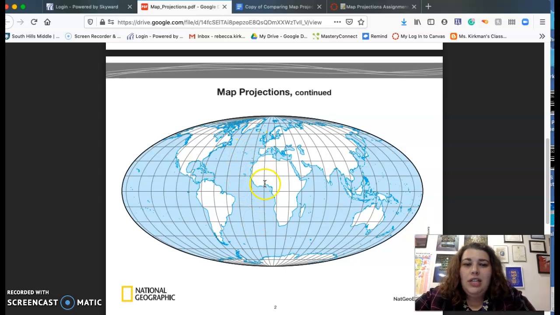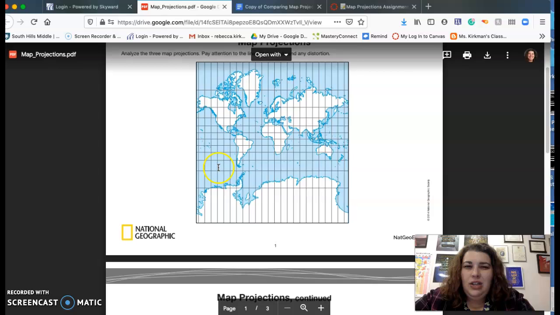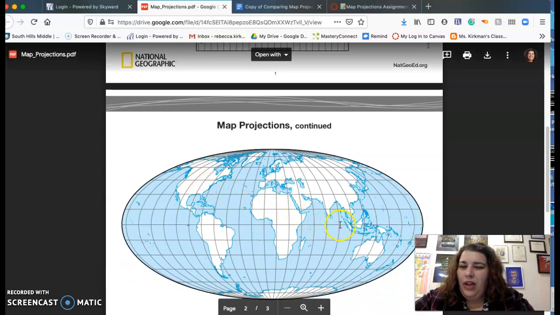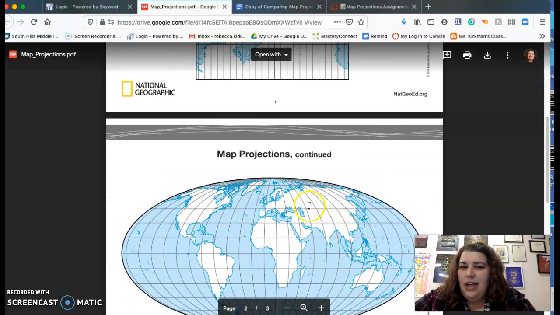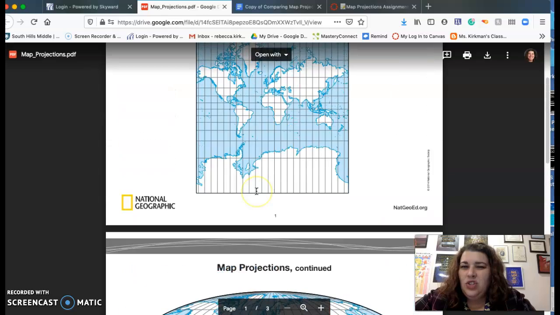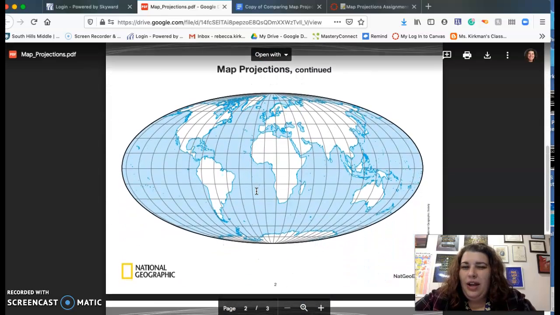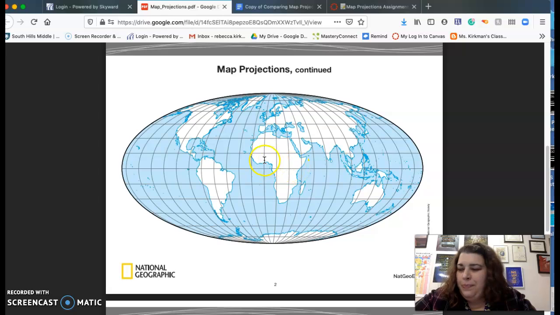When you look at the center, the size looks pretty good, but when you go further out, it's skewed a little bit. If you compare it to here and here, it has more of that curved, flattened look. This one's kind of flattened and stretched out. So some of the shapes are distorted.